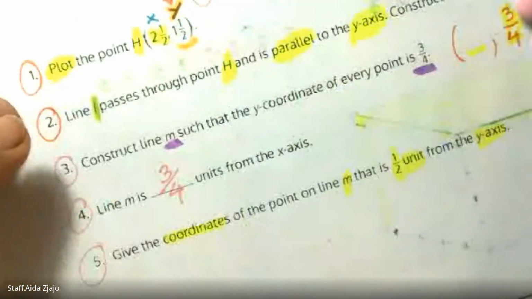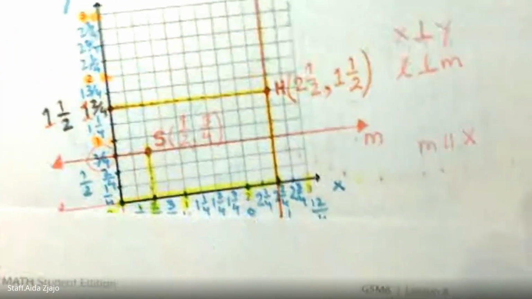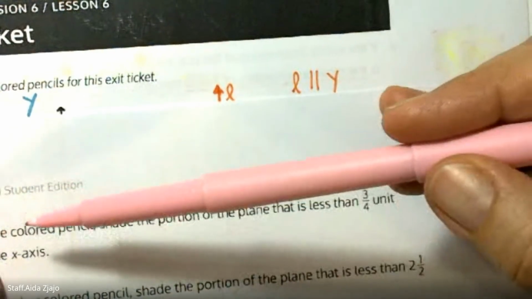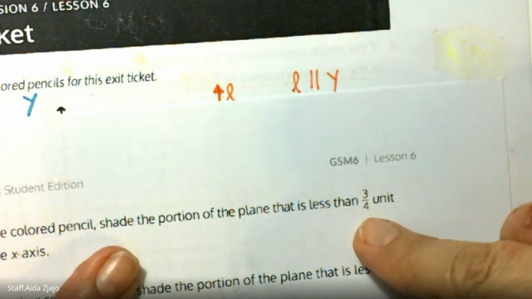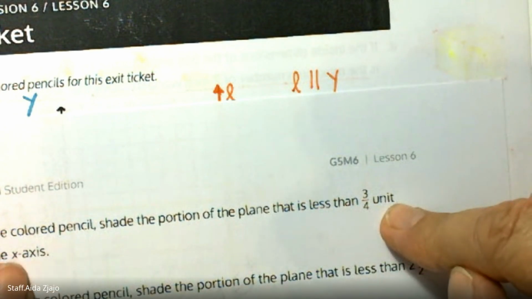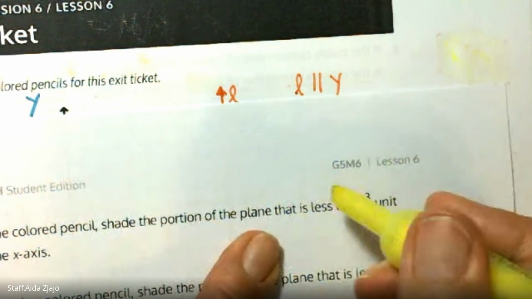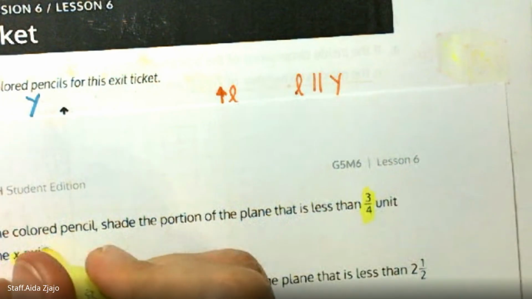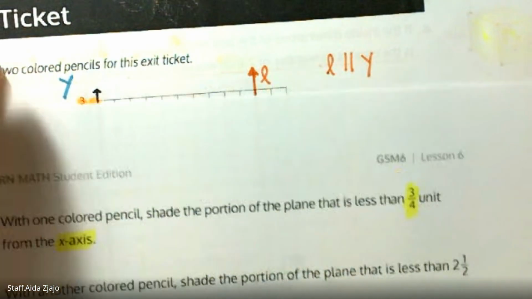And now we're going to do number 6. Let me read it. With one color pencil, shade a portion of the plane that is less than 3/4 unit from the x-axis.